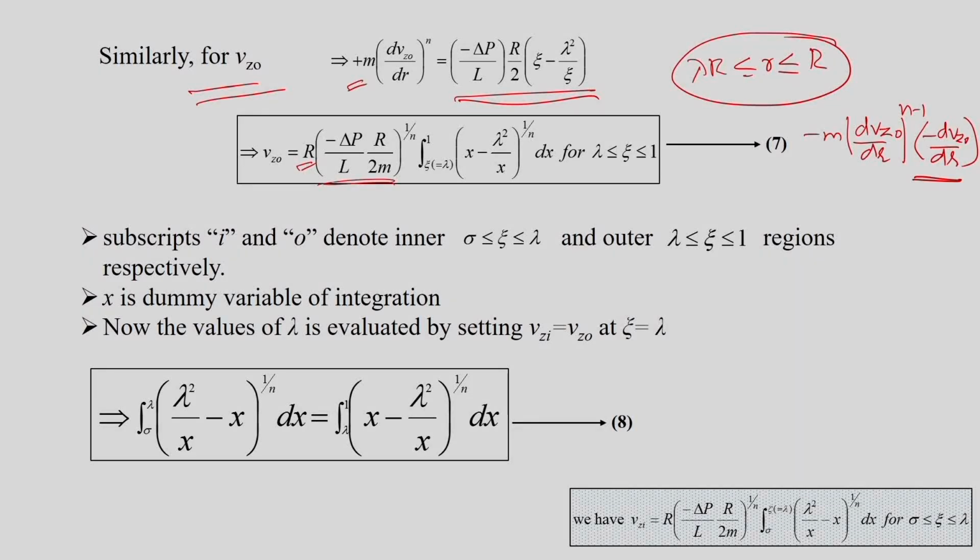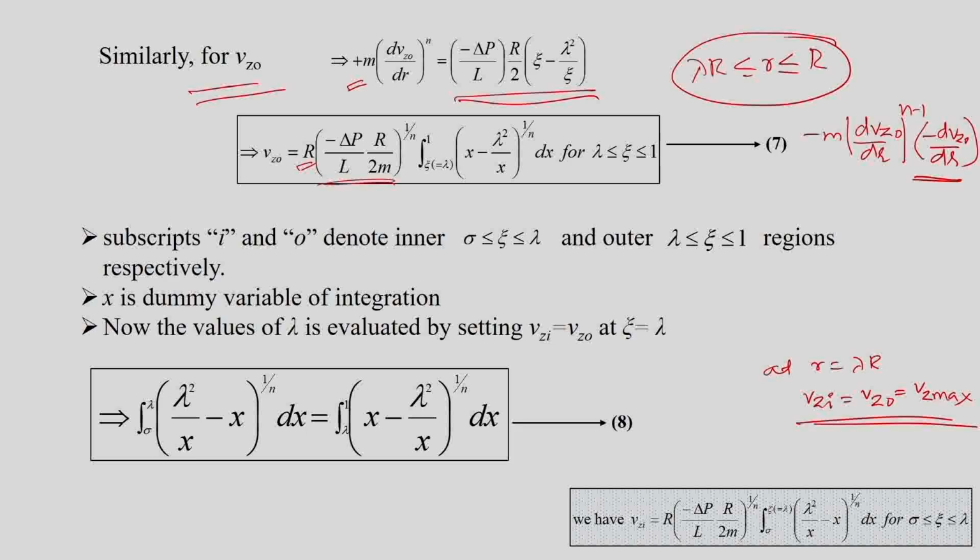Now, this equation also we cannot solve because we do not know the location of lambda. First one has to find the location of lambda, then solve equations 6 and 7 simultaneously. At r equals lambda R, we have Vzi equals Vzo equals Vz max. This condition has to be maintained.